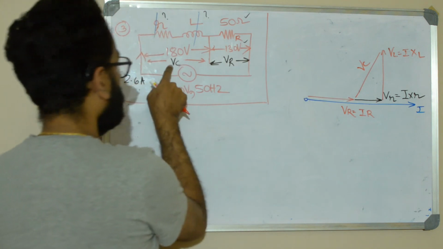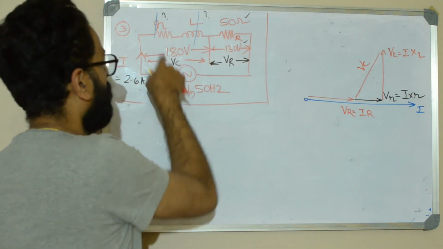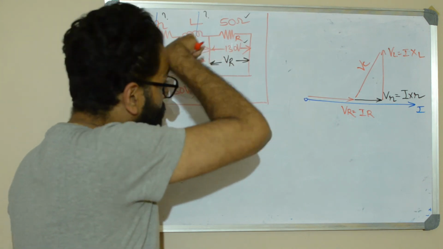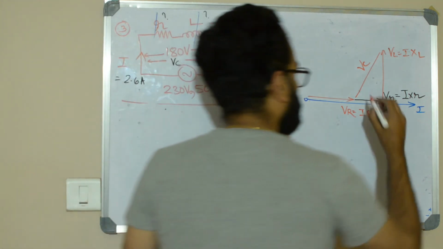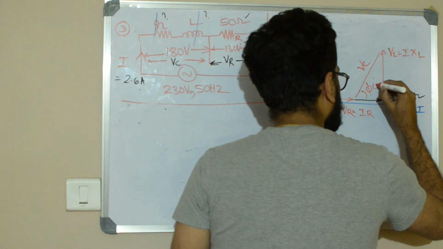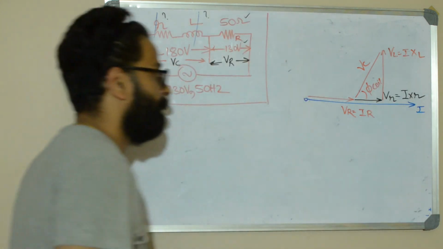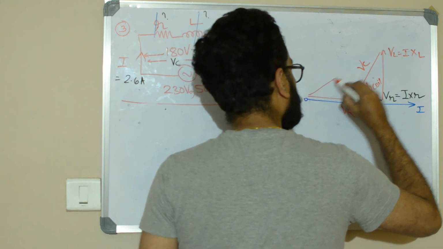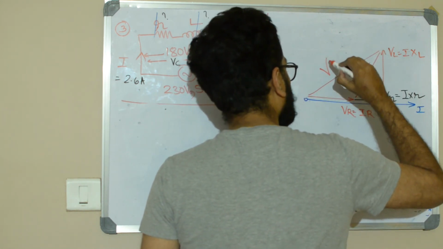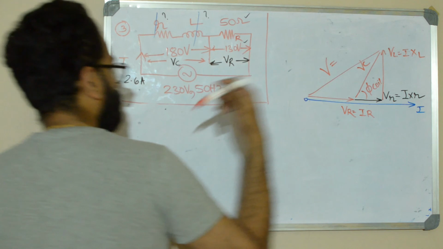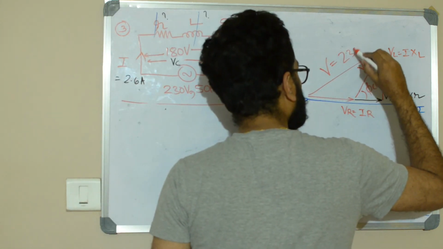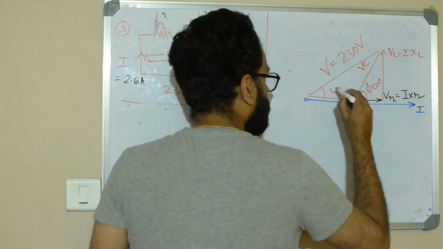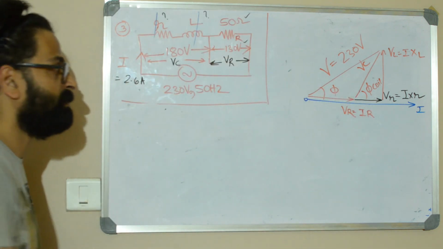VC is nothing but the vector addition of voltage drop across r and voltage drop across L, and this is your phi coil. Alright, and the closing side of the outer triangle gives supply voltage V. When you calculate V, you are supposed to get the value of V as 230 volt, and this is the phase angle phi. So this is the vector diagram.